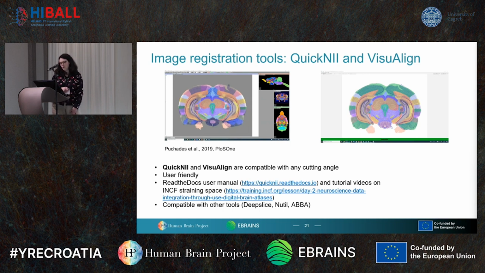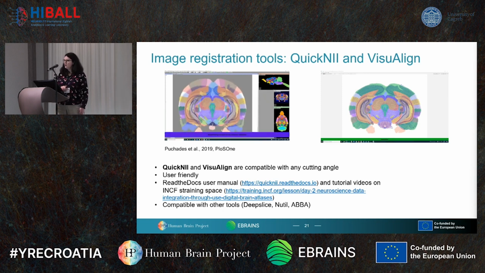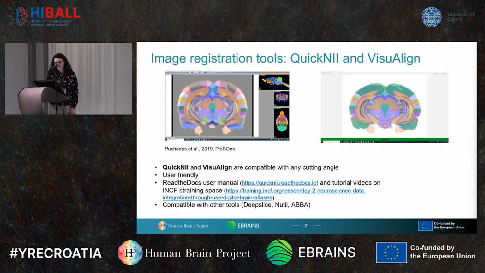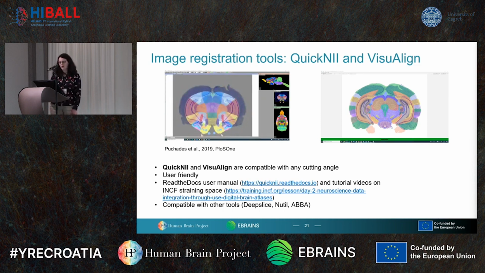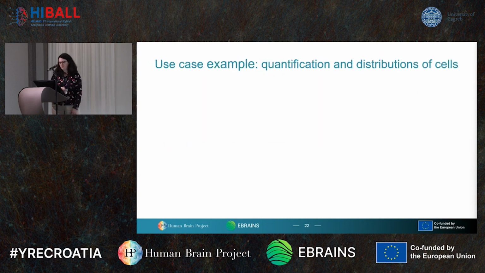Those tools are compatible with any cutting angles, and you have extensive documentation in the form of Read the Docs. But we also prepared some tutorial videos you can find in the INCF training space to learn how to use those tools. And the registration to Atlas is a nice first step to do Atlas-based analysis.